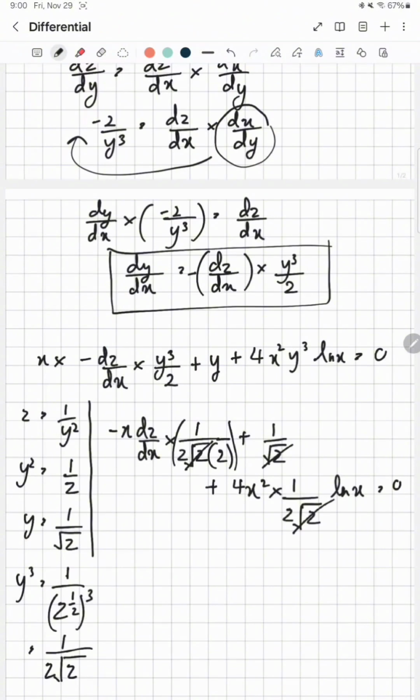And then you'll end up with minus x over z dz over dx, that's a 2z, plus 1 plus 4x squared over z, and then x equals 0. Okay.